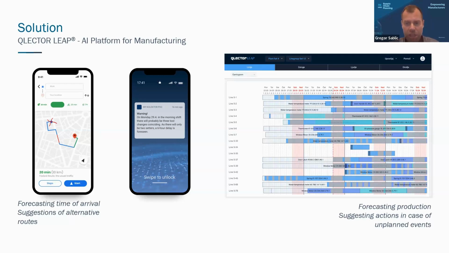Our approach within QLECTOR to optimizing production in manufacturing facilities is similar to Google Maps. We start by planning using historical data in order to develop predictive capabilities. Then during the production, which is constantly running and of course constantly dynamic, we recalculate all simulations using real-time data from the shop floor.